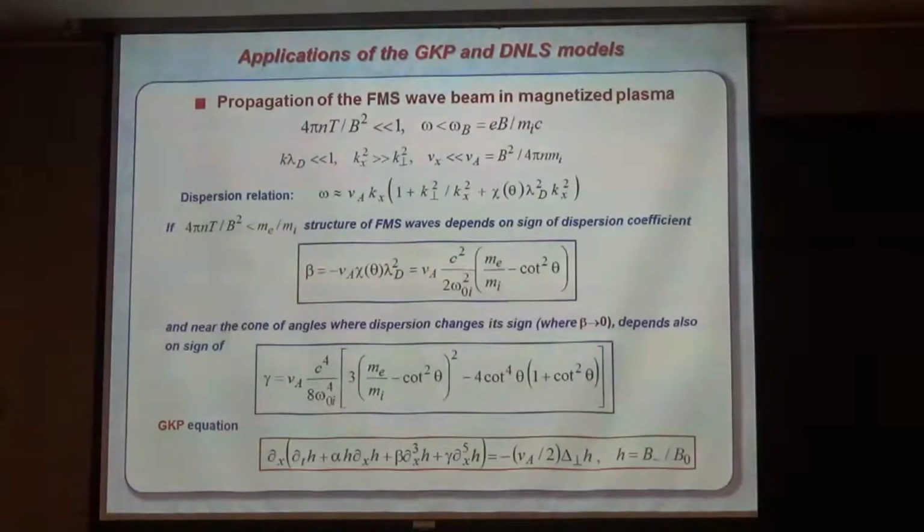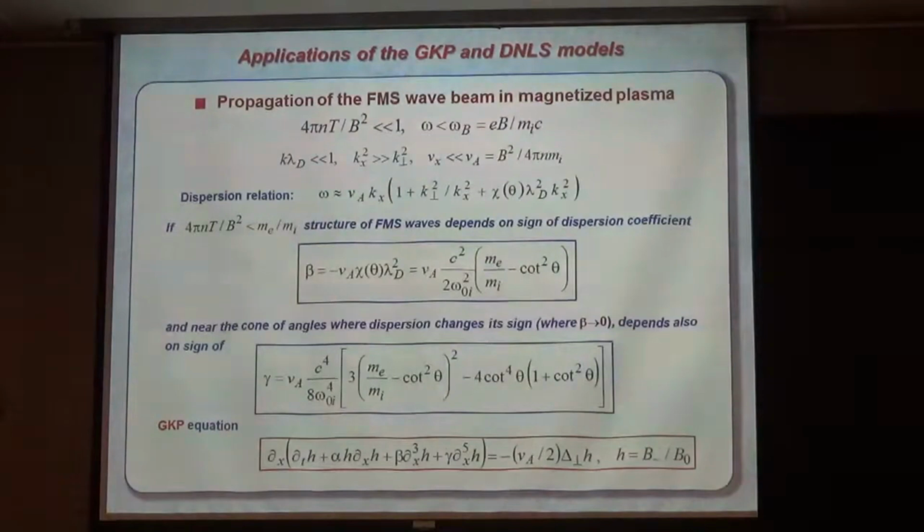Well, now let's consider some applications. The first of them is propagation of a fast ultrasonic wave beam in magnetized plasma. If these inequalities are valid, the dispersion relation takes the following form. In this case, the structure of FMS waves depends on the sign of dispersion coefficient beta, so it depends on the angle between wave vector and the magnetic field.